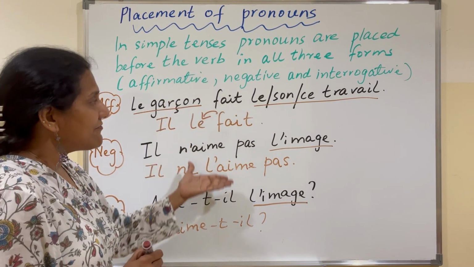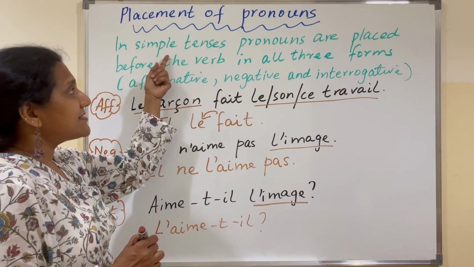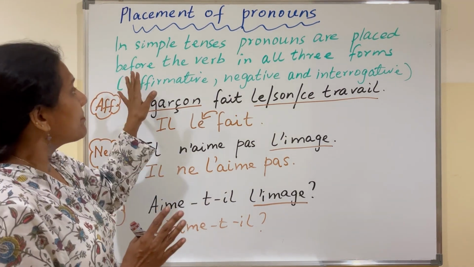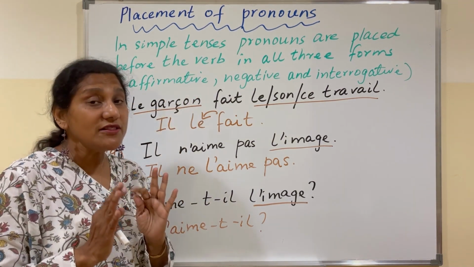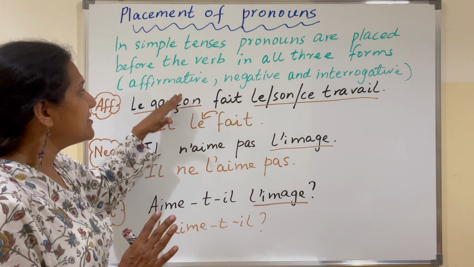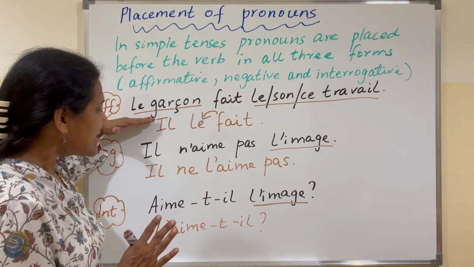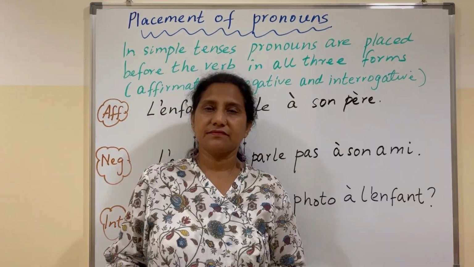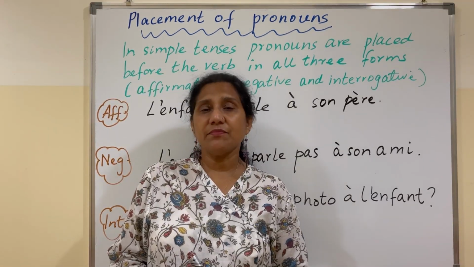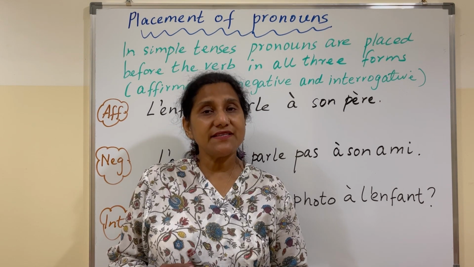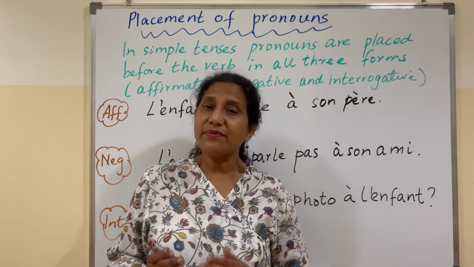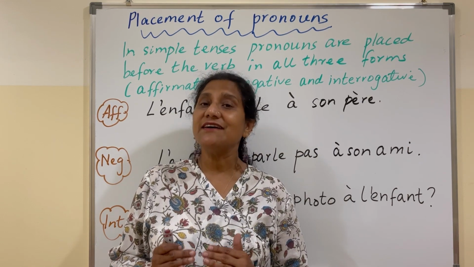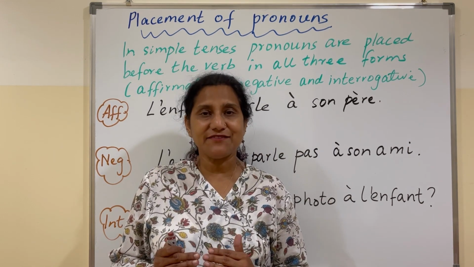So from this we have learned when it's in simple tenses, pronouns are placed before the verb in all three forms, and we saw examples. What are the three forms? Affirmative, negative, and interrogative. In the previous examples, we saw how to place the direct object before the verb in all three forms, that is affirmative, negative, and interrogative.